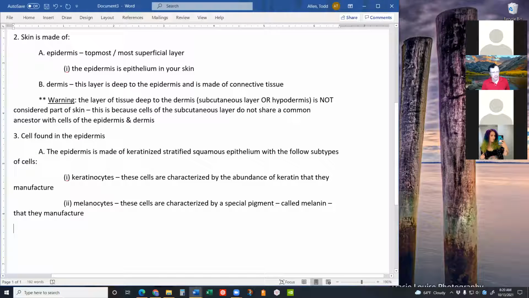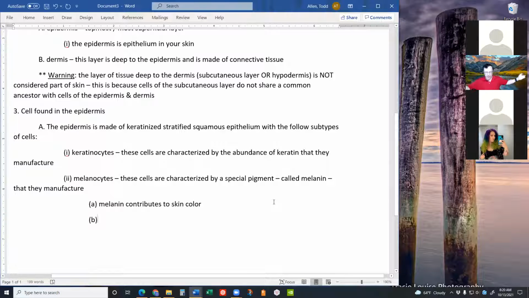Some of you know that melanin as a pigment contributes to skin color. And while skin color is a characteristic of our skin, the other important feature of melanin that you might be aware of is that melanin as a pigment.